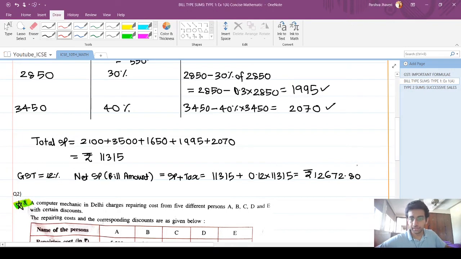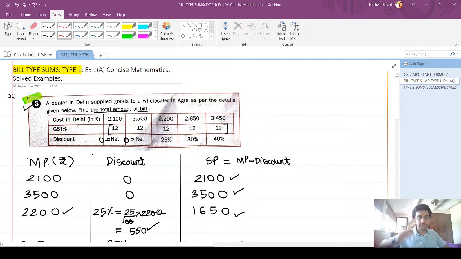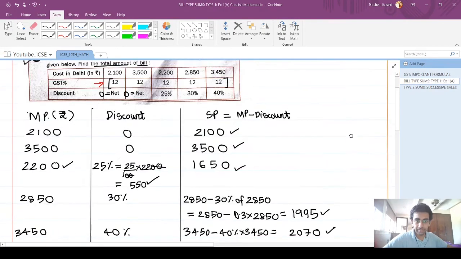Let me just highlight it. Yes, this is your final answer. So this is how you solve the bill sums. Let's do a quick recap of the steps. First, I read the sum and noticed that the GST rate is constant, so I planned on taking the tax at the end. Next, I found the individual selling prices.